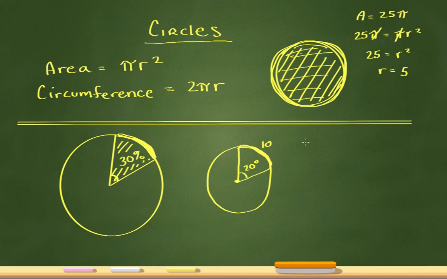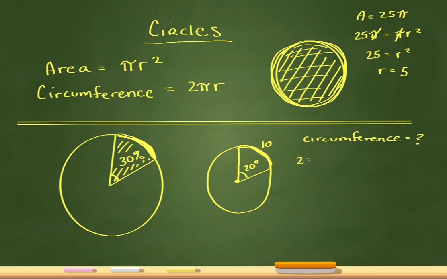And they're asking, what is the circumference? Well, what you can do, right, you know that this pie slice is 20 degrees, right, out of a total possible of 360 degrees, right?